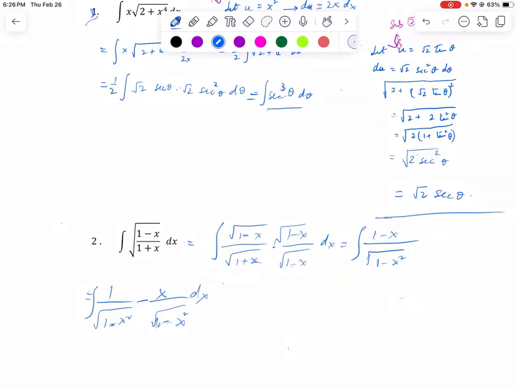So where do you see this square root of 1 minus x squared? 1 over square root of 1 minus x squared. What is that? That is the derivative of sine inverse x, which means this quantity when integrated will give you inverse sine x.